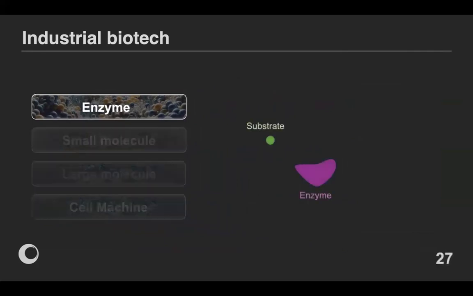Looking at the enzyme space, the basic idea behind enzymes is that you can have some sort of substrate that interacts with an enzyme, changes the properties of the substrate, and makes some sort of product, right? So the substrate interacts with the enzyme such that it changes its properties and becomes something else. For example, you can take some sort of synthetic or small molecule compound, and change the structure of that compound.